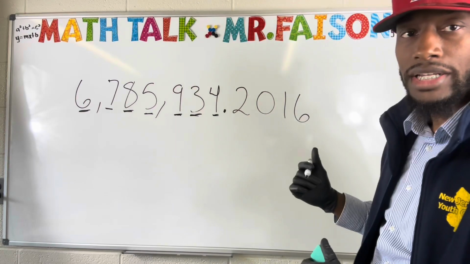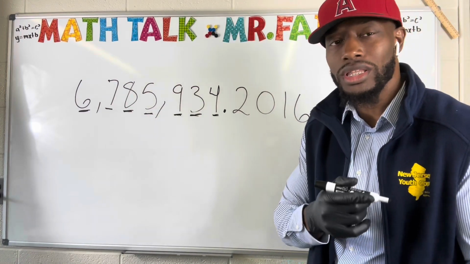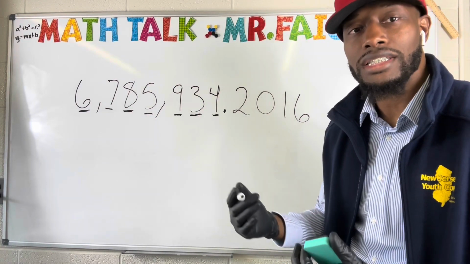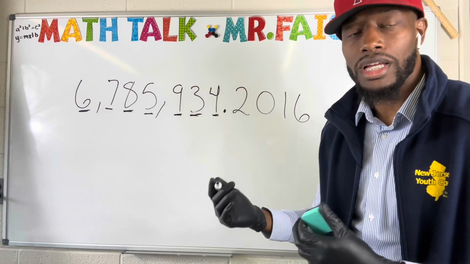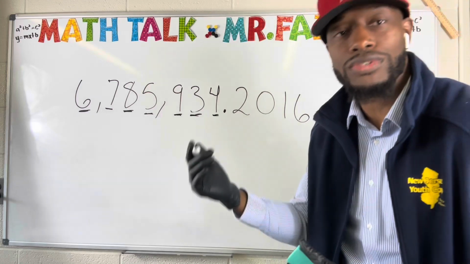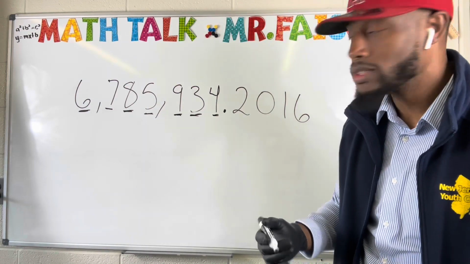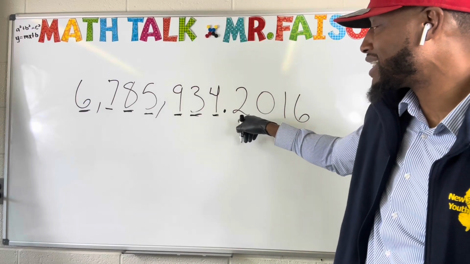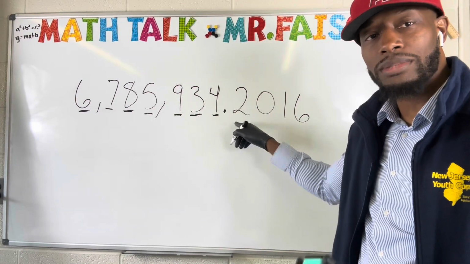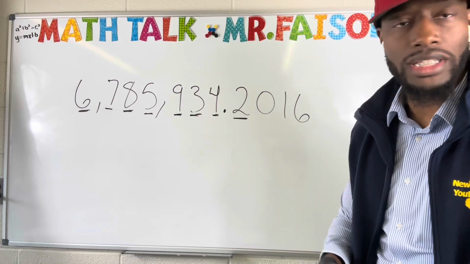Now let's jump behind the decimal. Remember one of the things I taught you about behind the decimal: it has that TH at the end of it, tenths, thousandths, hundredths. Another thing I taught you was, as soon as you go behind the decimal, we don't go ones just because it's the first one behind the decimal. This 2, what place is that going to be?